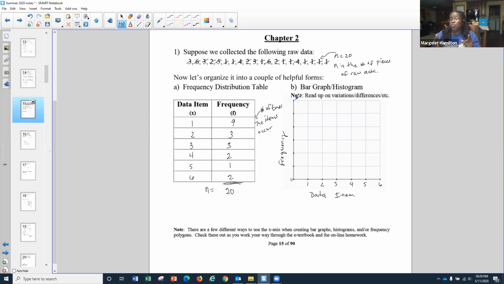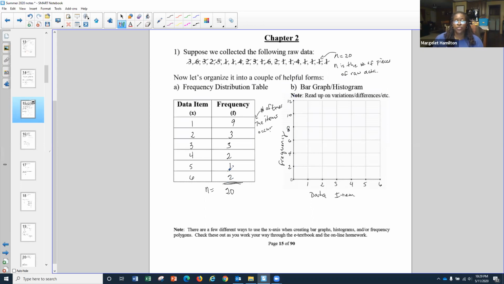We're going to label it by 2s, because I know I'll be able to fit my 9 on there. So 2, 4, 6, 8, 10, 12. All right, we've got our frequency labeled and our data items labeled.